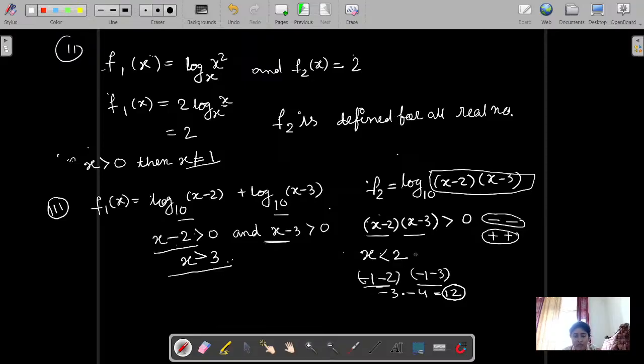But what if I want the product of positive numbers? Then I have to choose x greater than 3, right? If I want the product of two positive numbers here, I have to choose x greater than 3. Okay, I should write it.